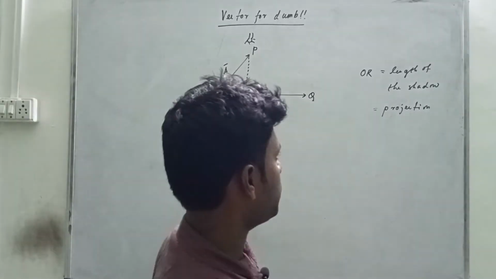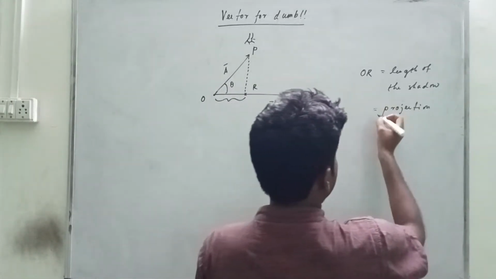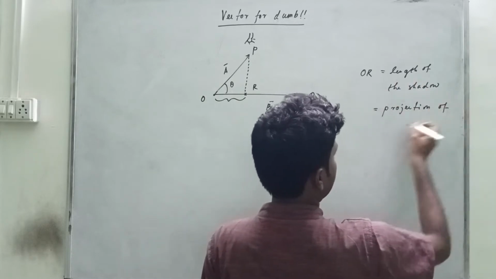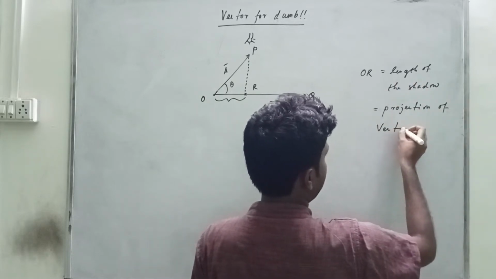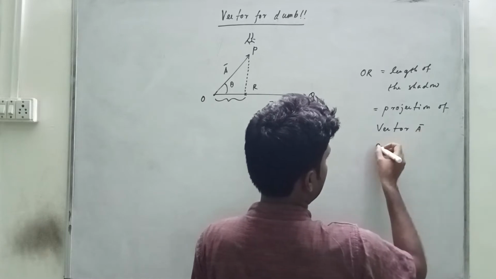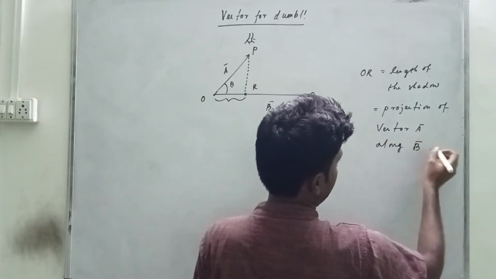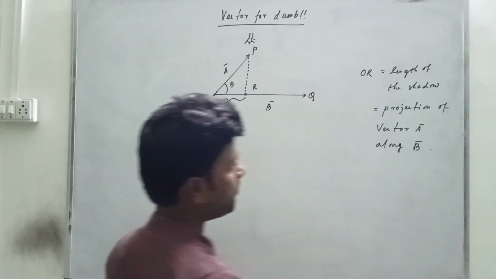The length of the projection. You can call it the projection of vector A along B. No problem. Along B. Length of the shadow means the projection.